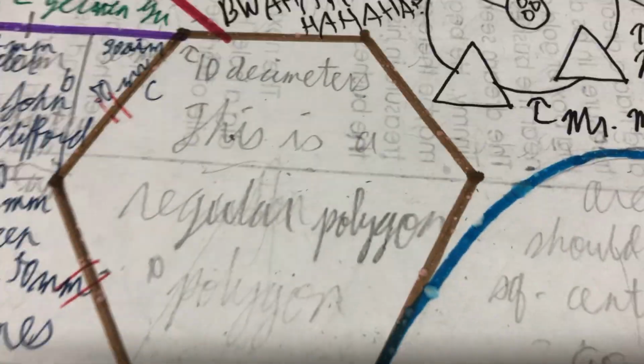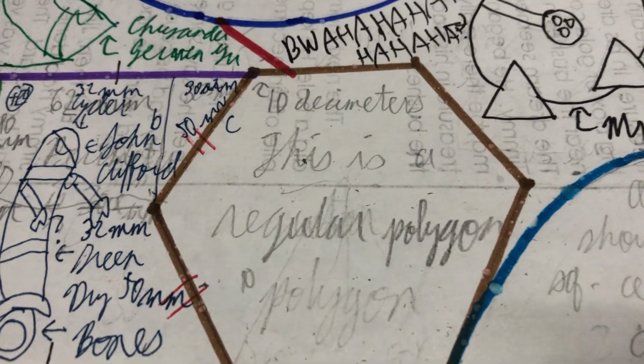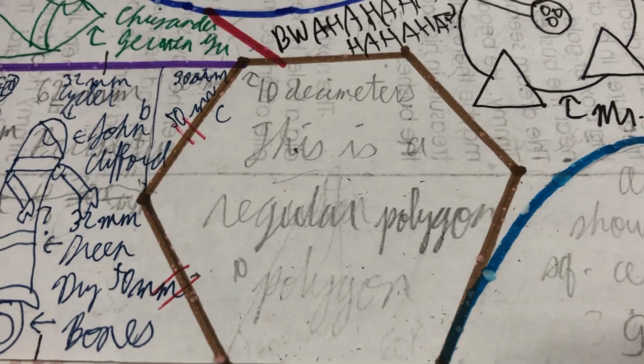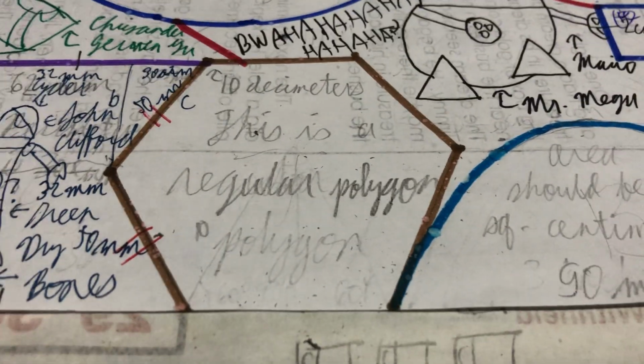Now, going back to solve for the perimeter of the hexagon, madali lang yan. What's the formula? Since it's a regular polygon, it's S times the number of sides that are congruent.